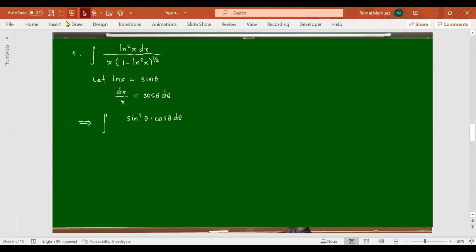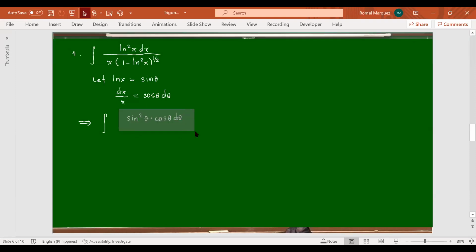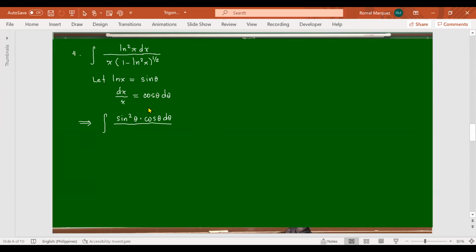So I think I need to move this. So we now have an over this thing. So 1 minus what is ln squared x?